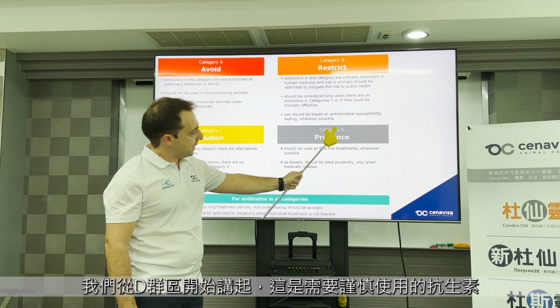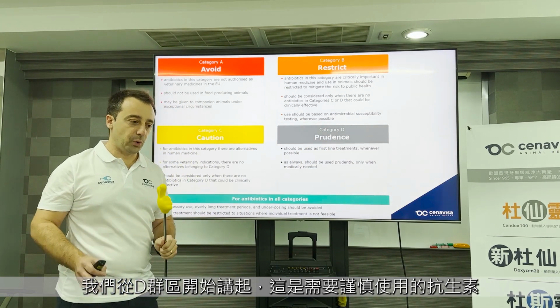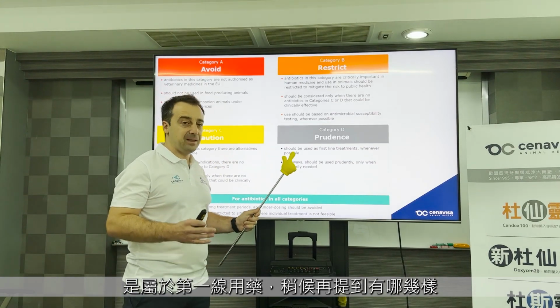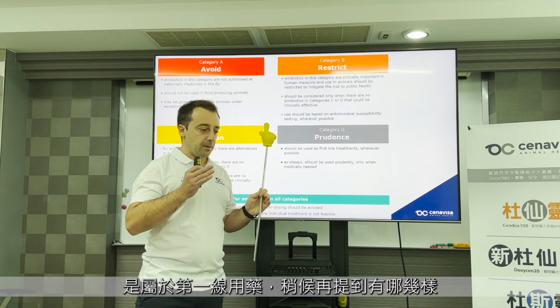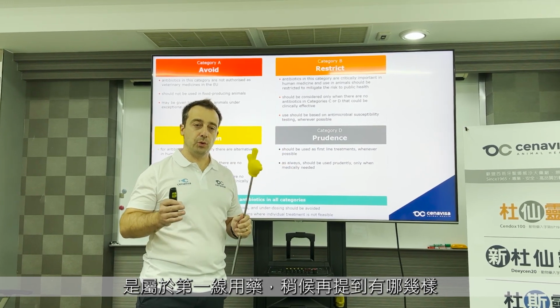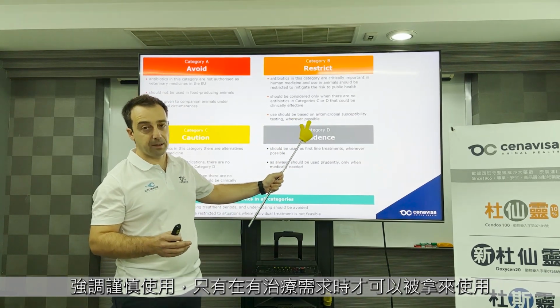The first one, category D, is what we call prudence, the first line treatment. So when you have a problem, the first antibiotics you should use are the antibiotics in this category.